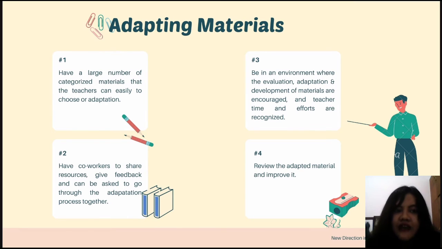Here, Tomlinson and Masuhara, as cited in Patel and Jakes, suggest that the most effective way of conducting a material adaptation is to have a large number of categorized materials that the teacher can easily choose for adaptation.